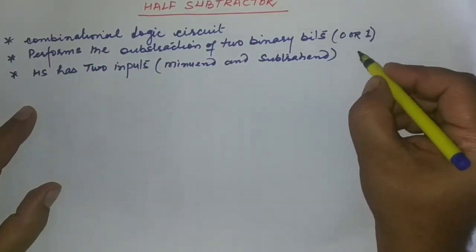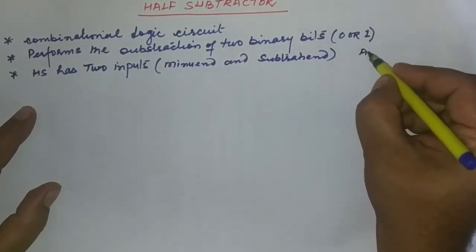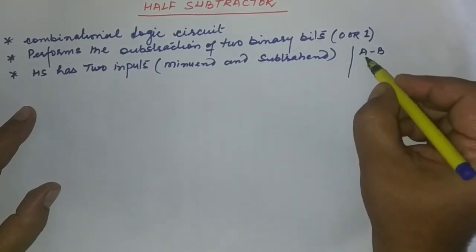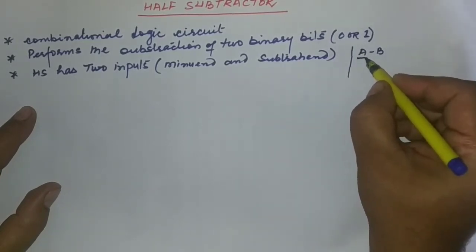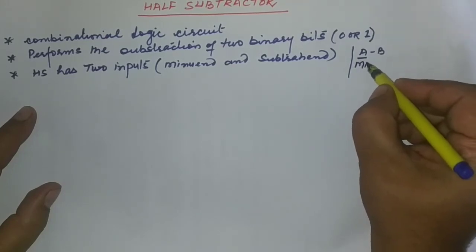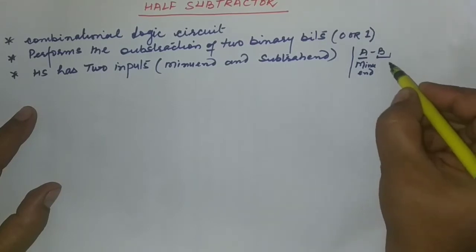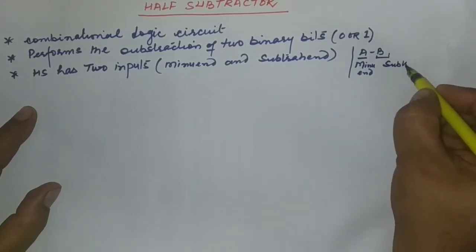So for example, if we consider a minus b, this a is known as a minuend and b is known as a subtrahend.